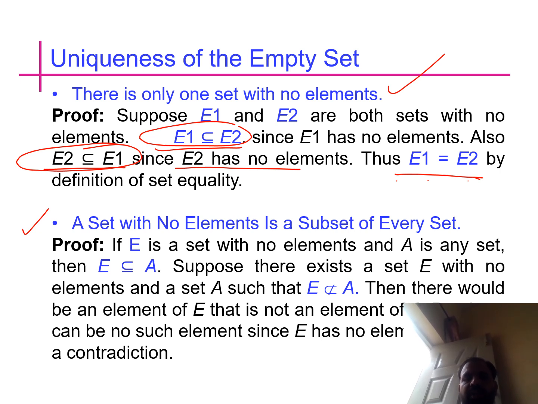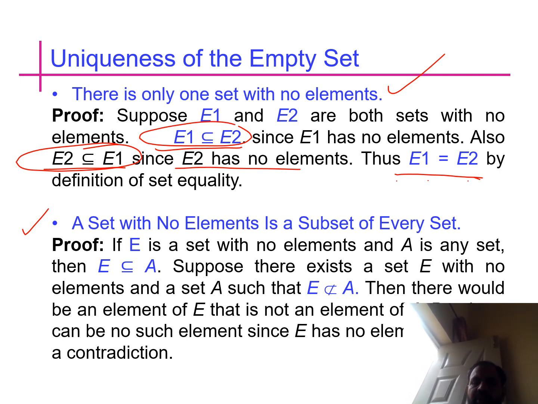A set with no elements is a subset of every set. Now we prove this. If E is a set with no elements and A is any set, then E is a subset of A. Suppose that there exists a set E with no elements and a set A such that X belongs to E but X doesn't belong to A. Then there would be an element of E that is not in A. But there can be no such element since E has no elements.